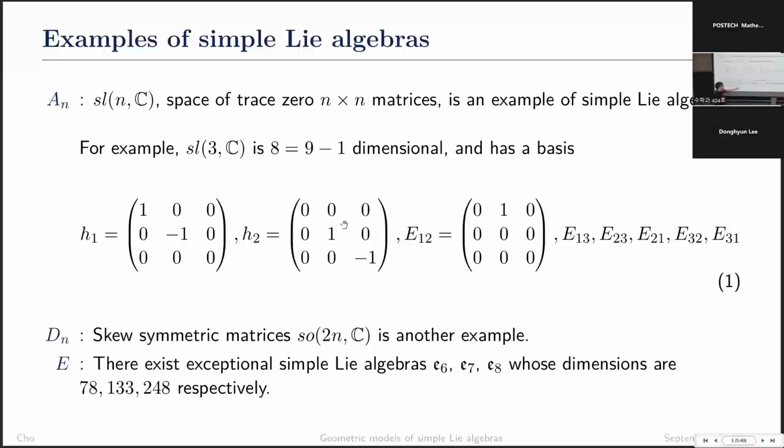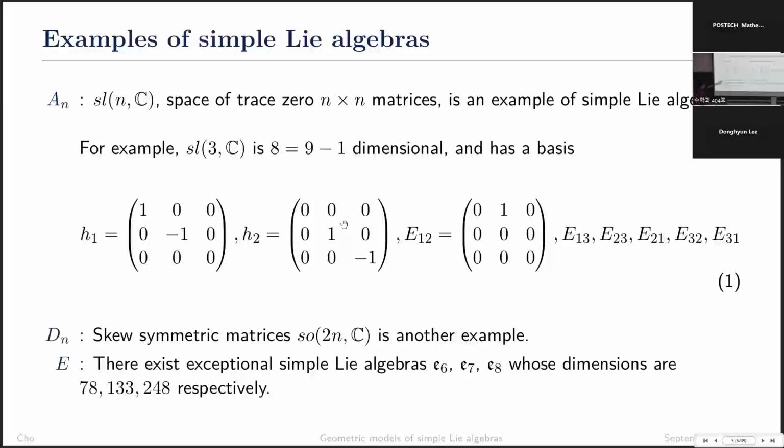So E_12 means that at the 1, 2 spot you have 1 and 0 everywhere else. So we have these 8 generators of the vector space, and they are also quite important generators as a Lie algebra. The Lie bracket is given by the commutator of these matrices.